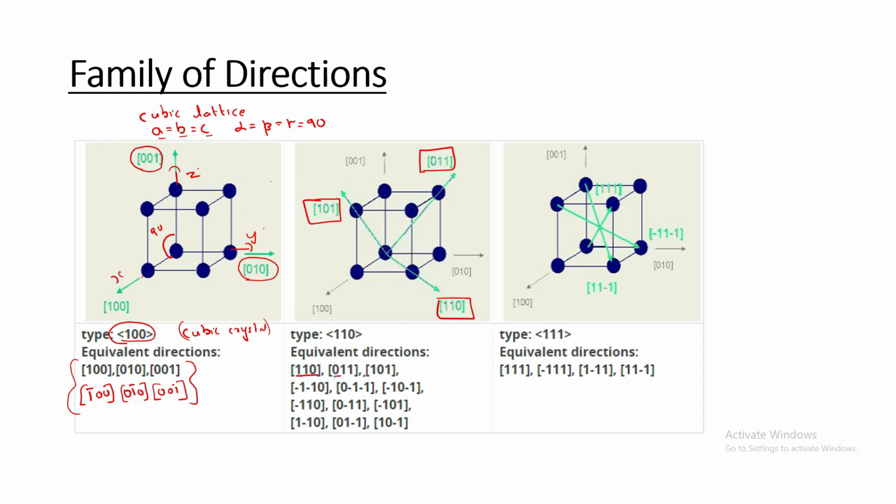So these are all equivalent. You can also write -1, -1, 0. 1 bar 1 bar 0 is equivalent to -1 -1 0. So all these are equivalent. These directions are equivalent, and this comes under one family, that is <1 1 0>.